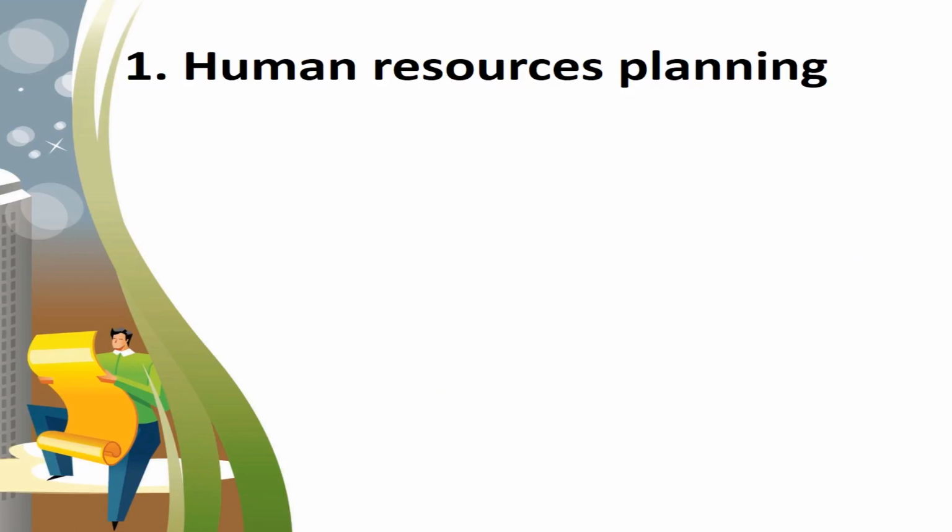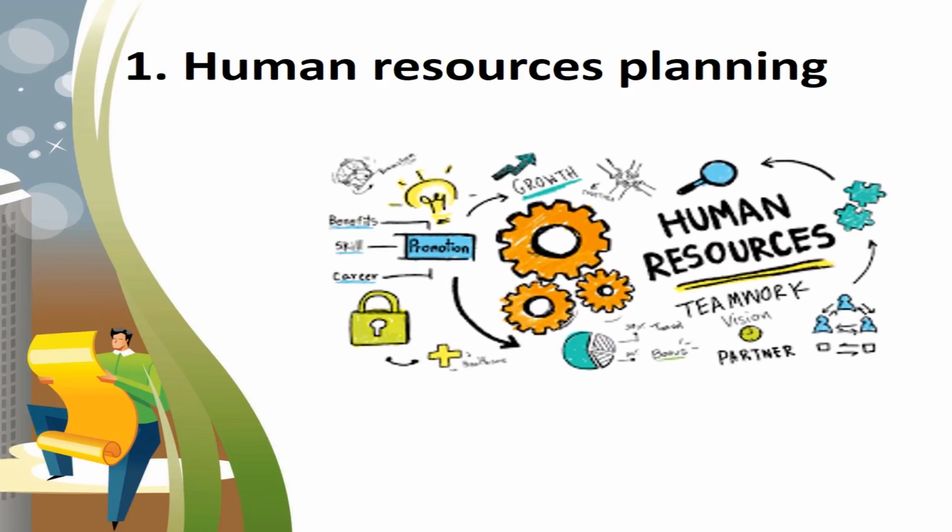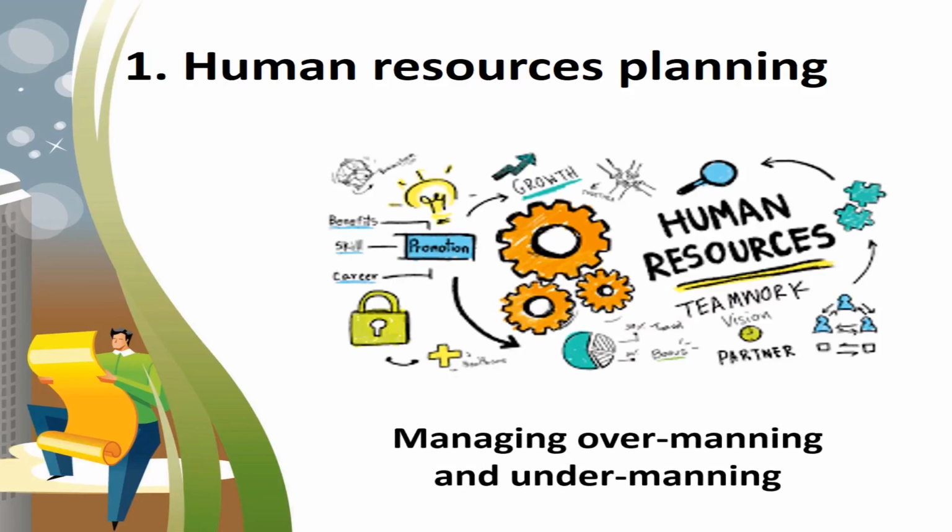Human resources planning. Human resource planning is a procedure by which the organization identifies the required job vacancy, whether the organization has excess or shortage of staff, and how to manage this overabundance or deficiency.